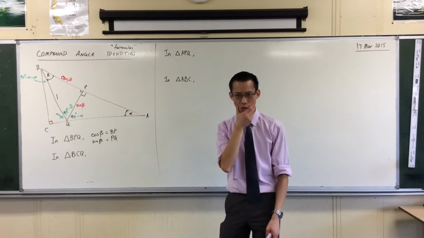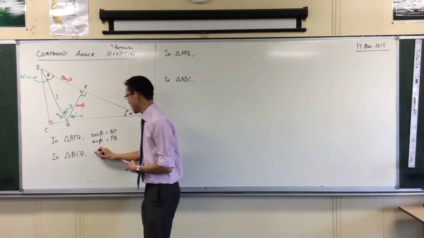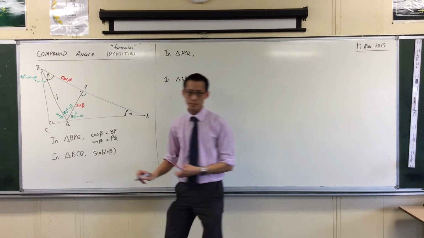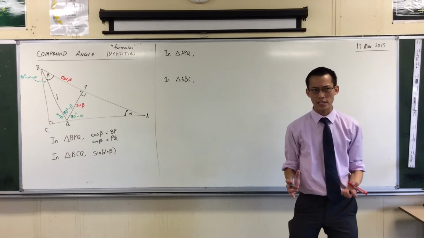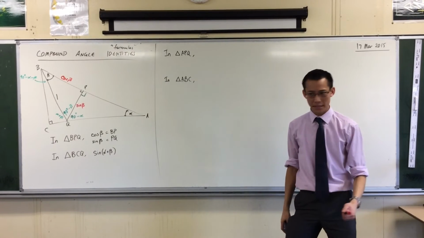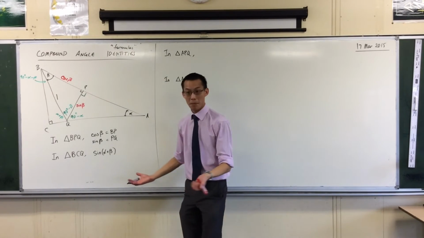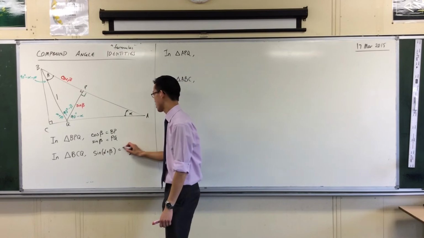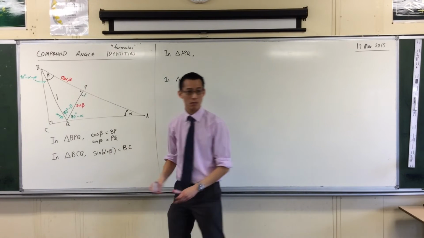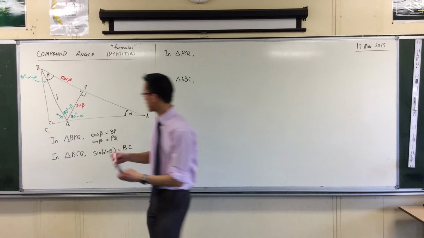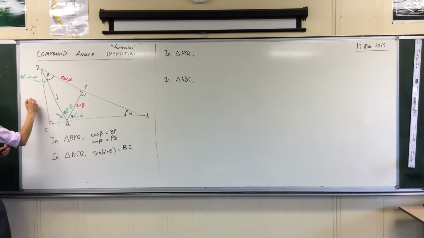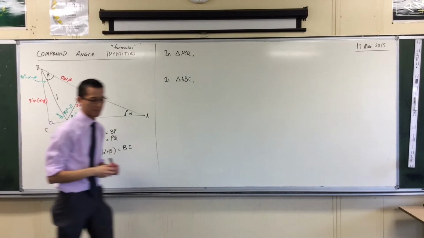So I'm going to write out sine of alpha plus beta. What's it equal to? Which two sides am I comparing? BC on BQ, which is 1. So that's just BC. You okay with that? Yes. Alright. Sine alpha plus beta.